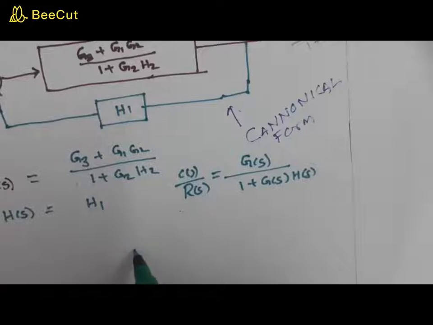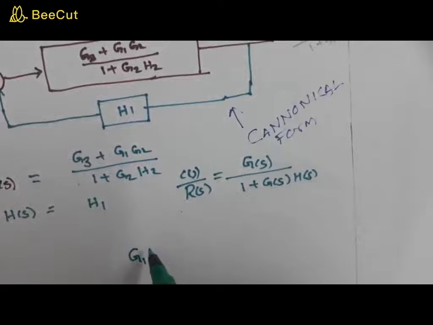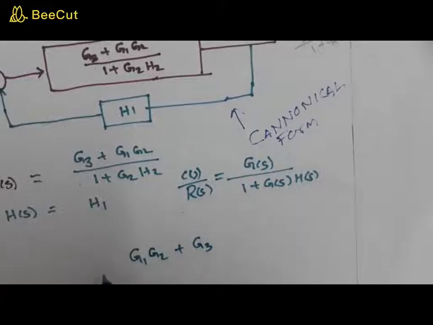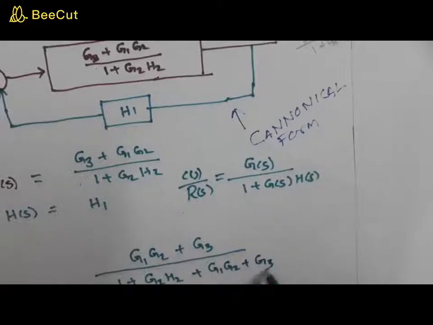So you may just do it by yourself, substitute and simplify. You will get this as G1 G2 plus G3 divided by 1 plus G2 H2 plus G1 G2 plus G3 times H1. This is how you should get.